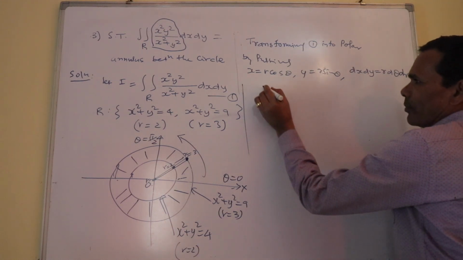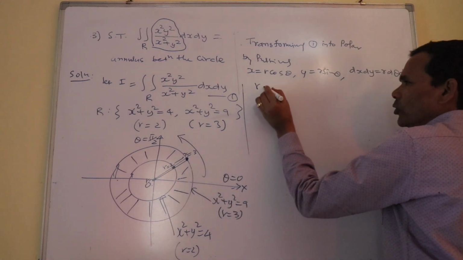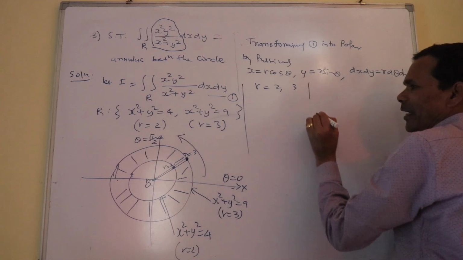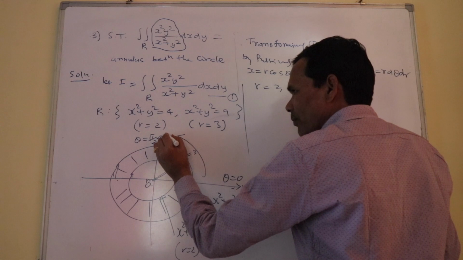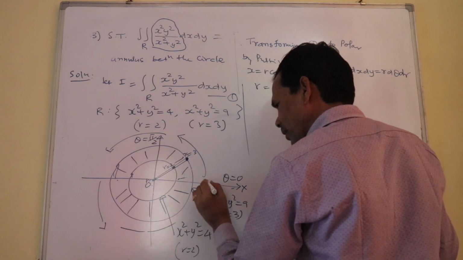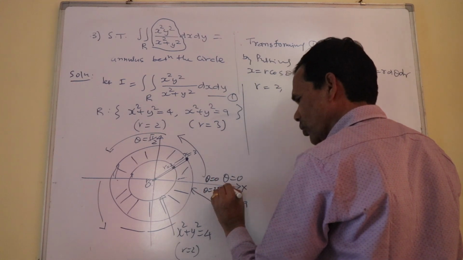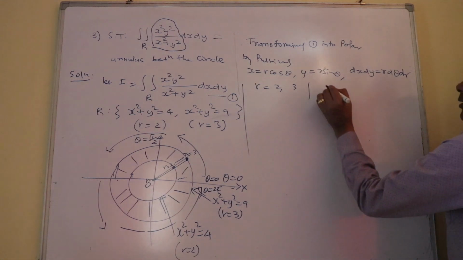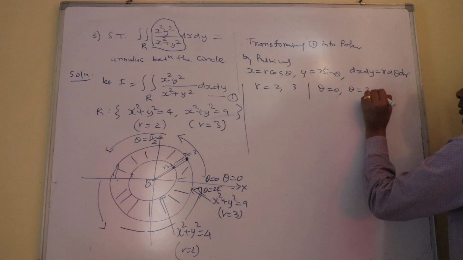For this region, r varies from 2 to 3. That is the limits for r, and theta varies from, you have to move this strip in this direction in order to cover the whole region. It is 0 to 2 times pi. Take one round there. Theta is equal to 0 to theta is equal to 2 times pi.